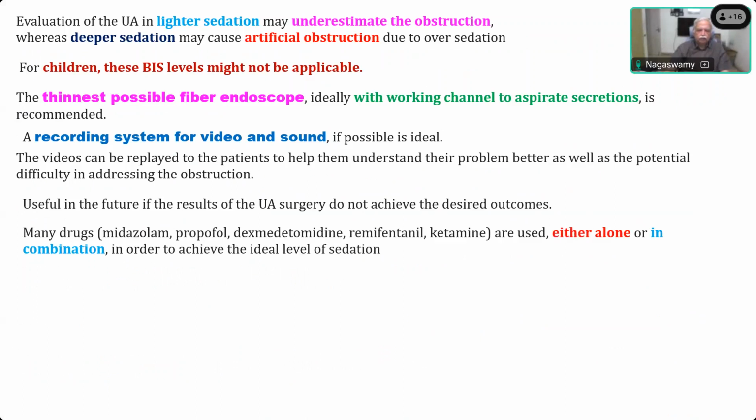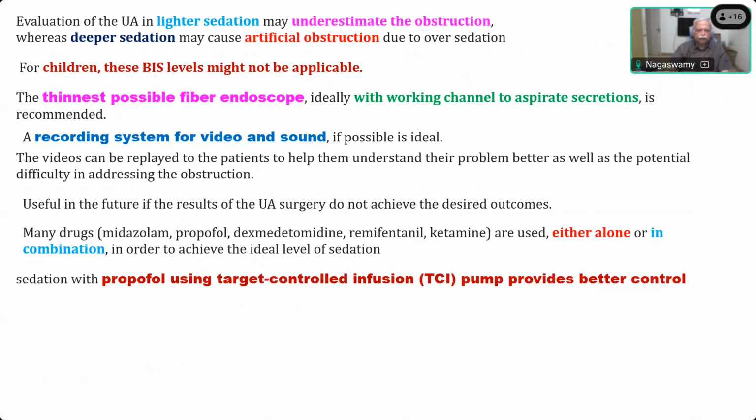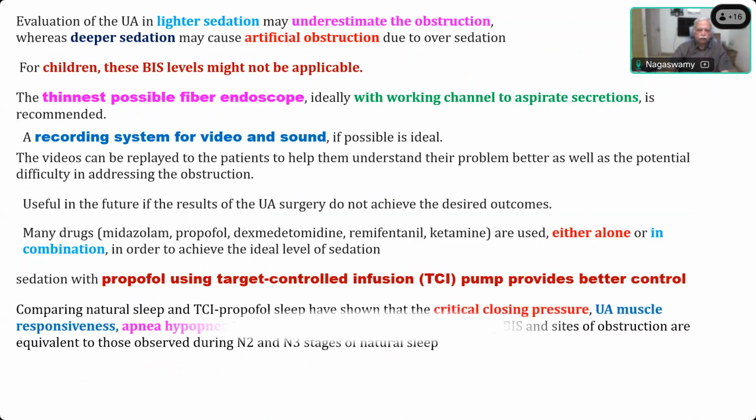The drugs that we normally use are midazolam, propofol, fentanyl, and so on. They can be used alone or in combination to achieve the adequate level of sedation. And propofol using a target-controlled infusion (TCI) pump provides better control than using the other drugs individually or in combination.